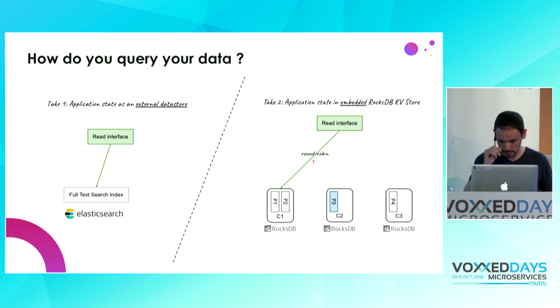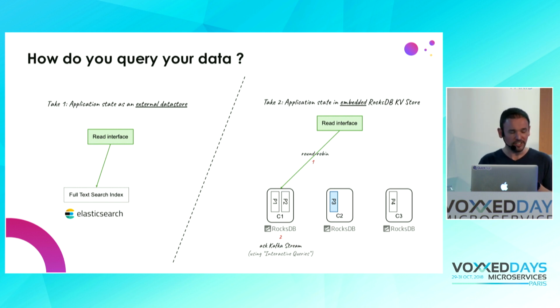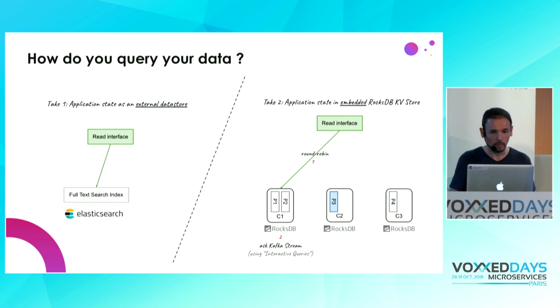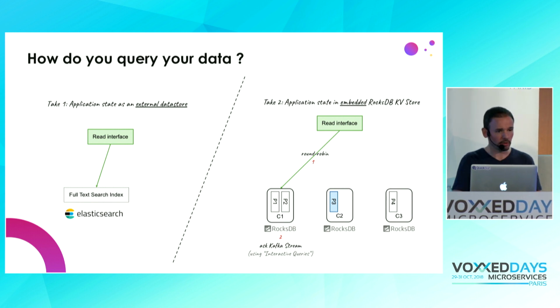It's random. You hit the first node, and you ask Kafka Streams. It provides an API, the interactive queries API, which tells you which node owns the data that you want. Either you are lucky and you are on the right node, in which case you just return the data, or you are not.